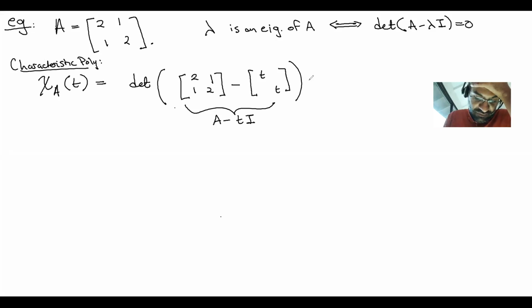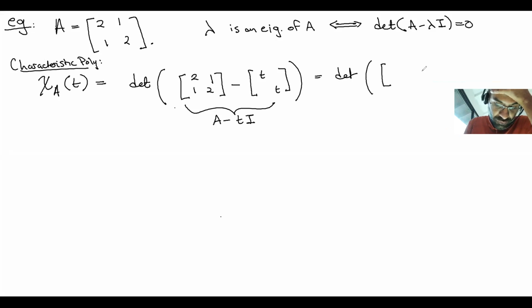And now, okay, so this is some matrix arithmetic: 2 minus t, 1, 1, 2 minus t.